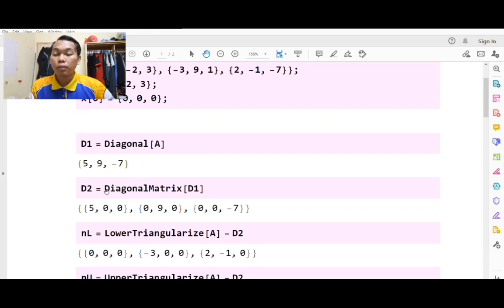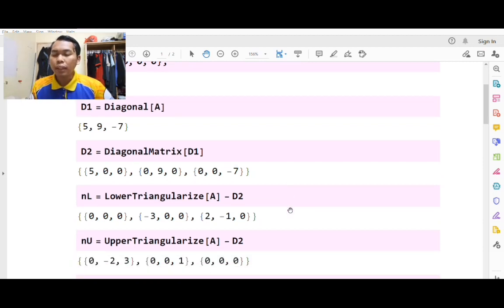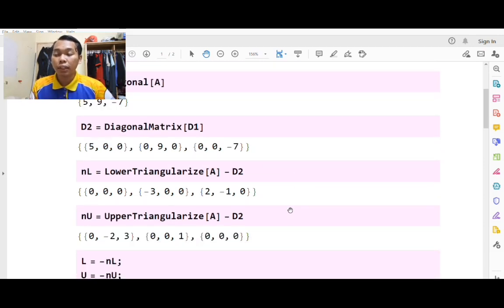And D2, we introduce it to make the diagonal into matrix form, which is 5, 0, 0, 0, 9, 0, and 0, 0, negative 7. Then we find NL and NU, where NL is the lower triangular and NU is the upper triangular.